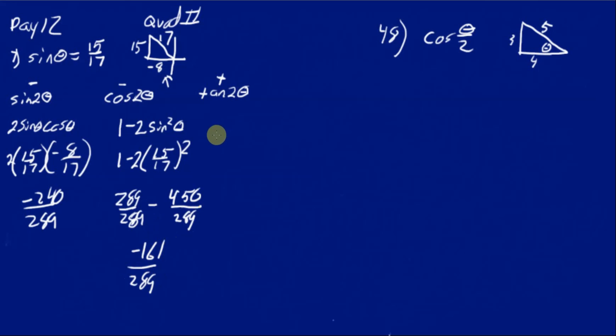The tangent of 2 theta is 2 times the tangent of theta over 1 minus the tangent squared of theta. All right, 2 times the tangent of theta.